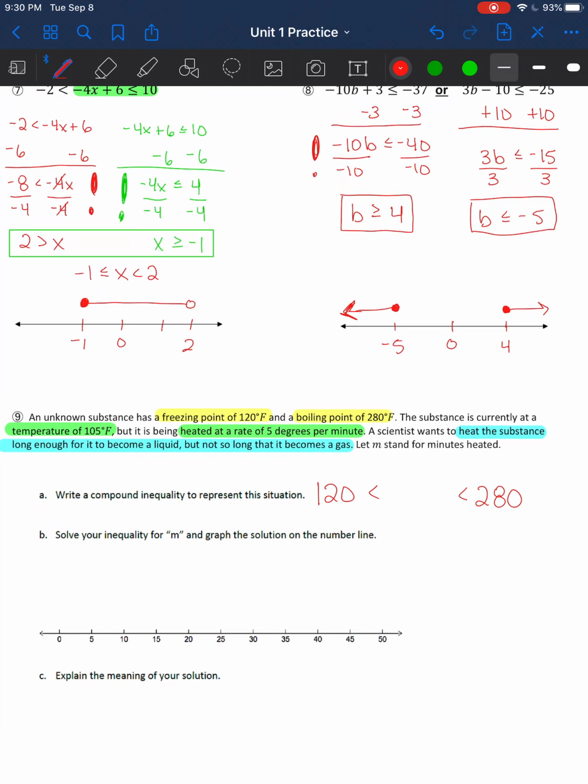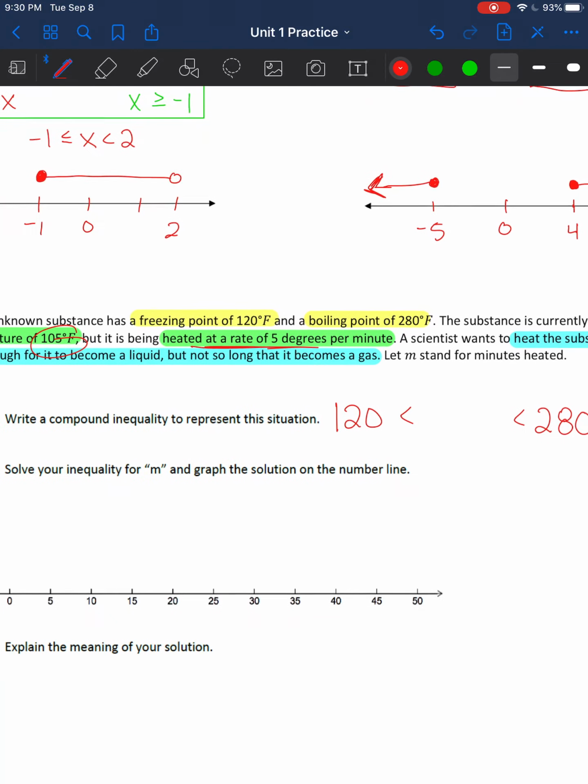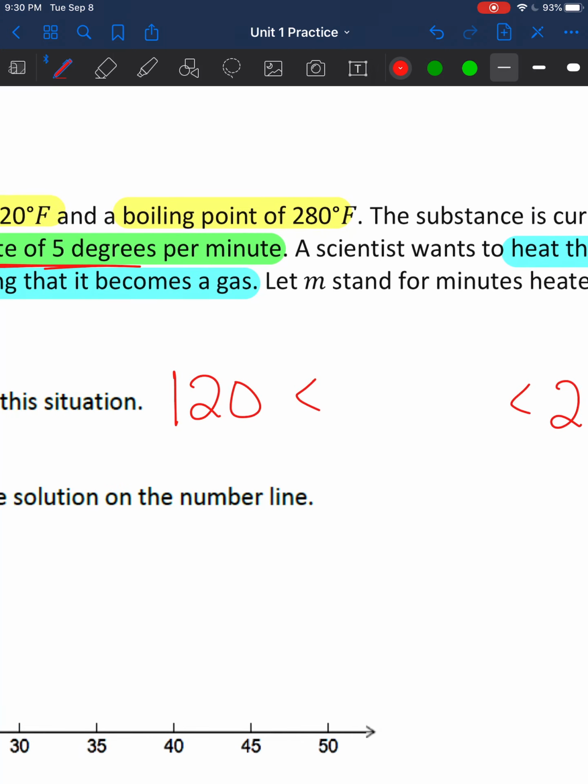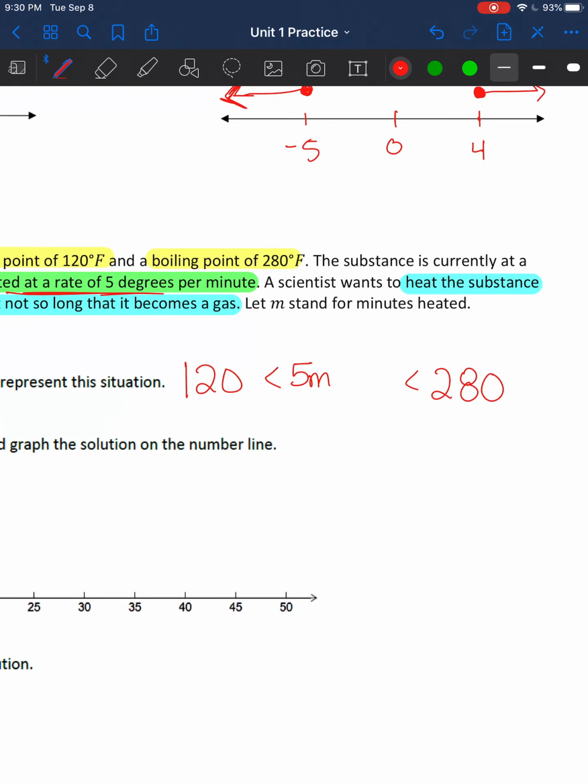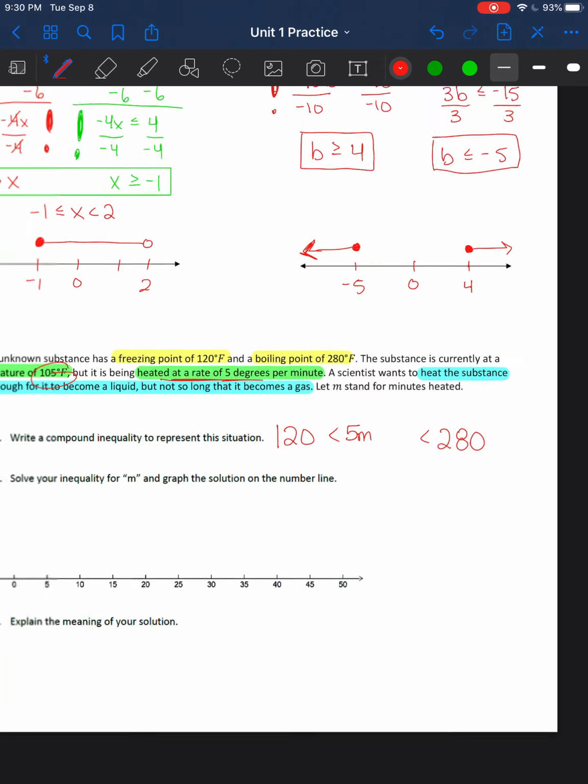Now, I know that the substance is already at 105, and it's increasing at 5 degrees per minute. So, for every minute, it's increasing by 5. So that means I can say 5m.